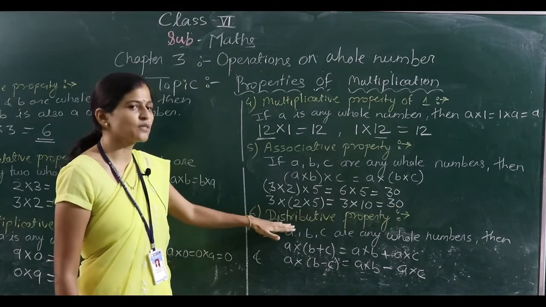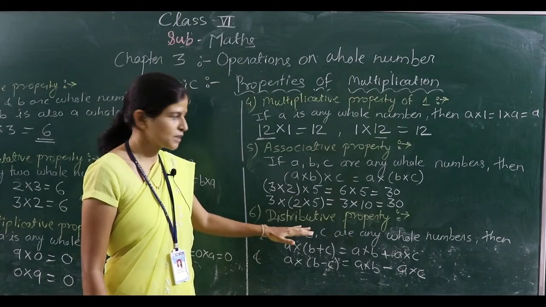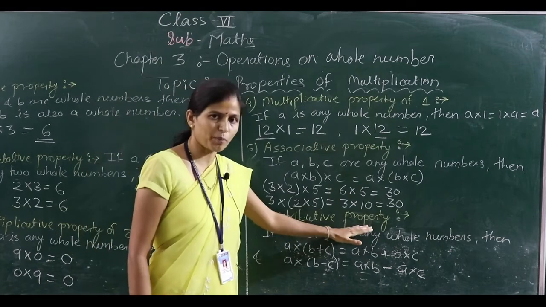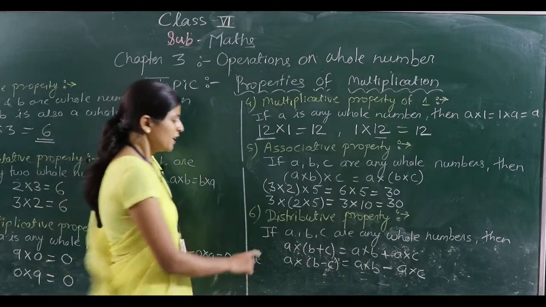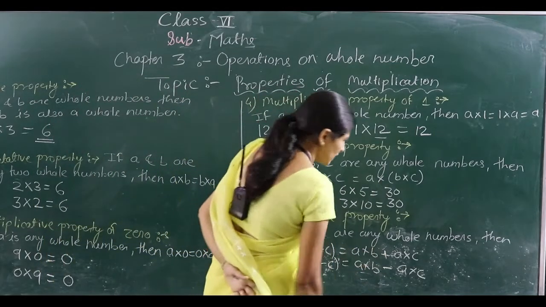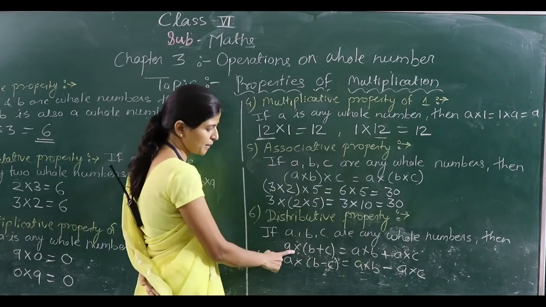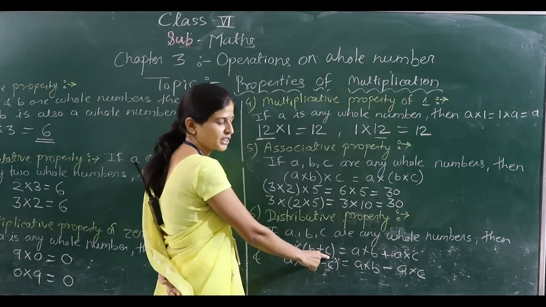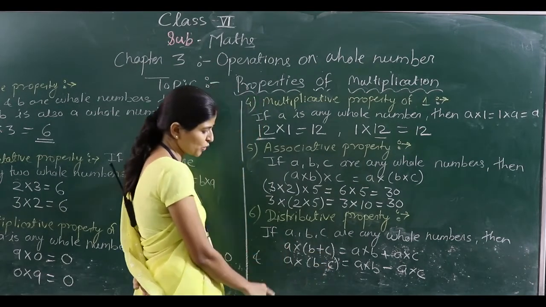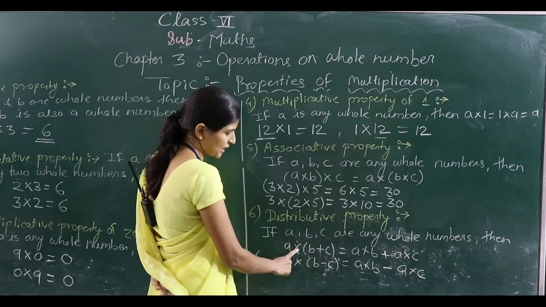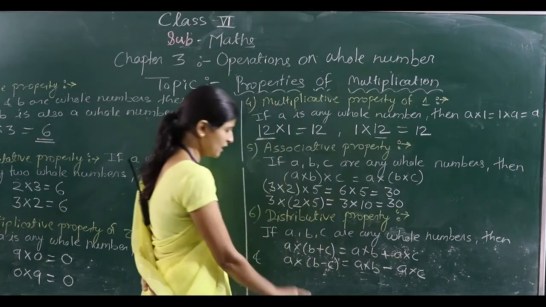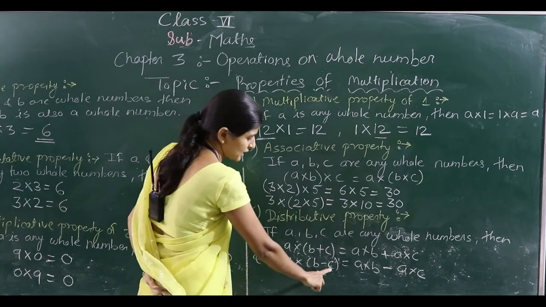Now this is one additive property in multiplication. This property is called the distributive property. This property is only in multiplication. If A, B, C are any whole numbers, then A multiplied by (B plus C), addition of two numbers. How do we distribute the number? We get the answer A multiplied by B plus A multiplied by C. Again, if A multiplied by (B minus C), what answer do we get?